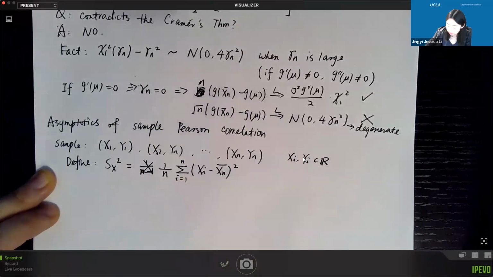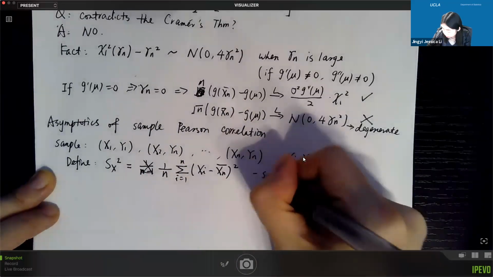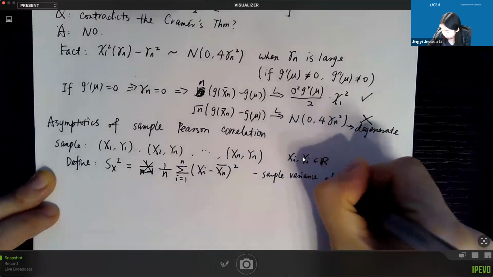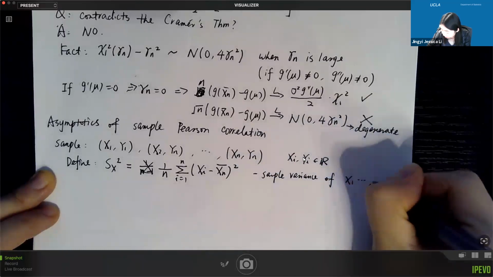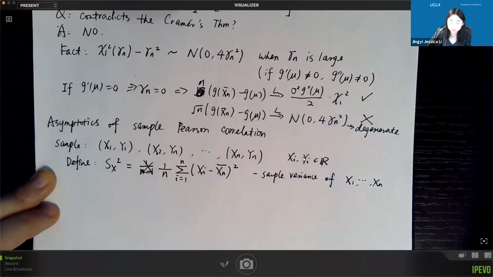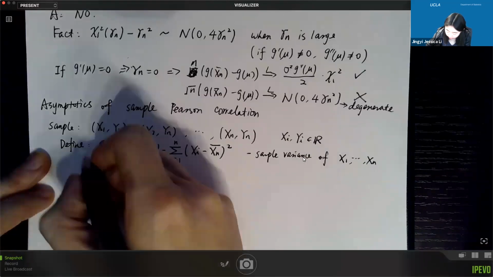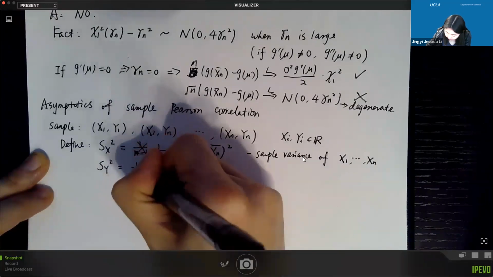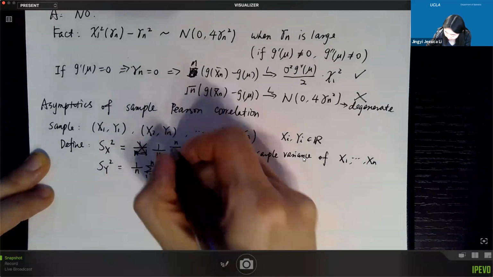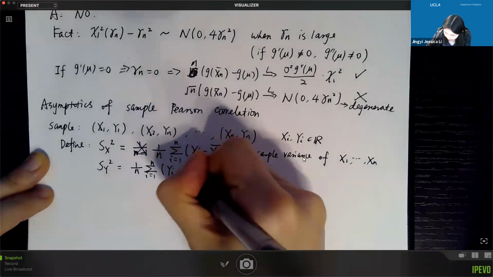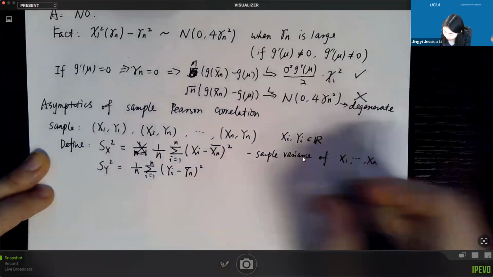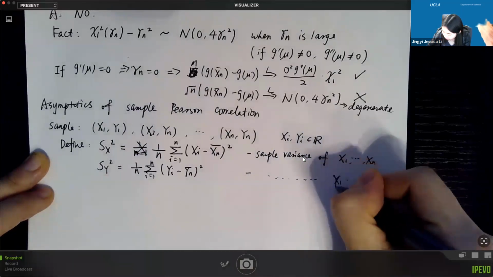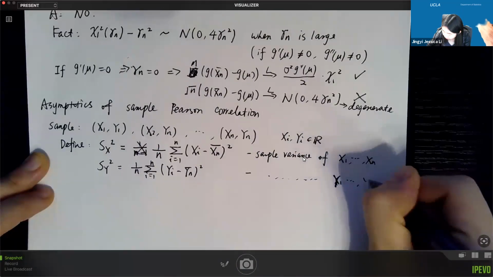This is the sample variance of x1 to xn. And similarly, we define Sy squared as 1 over n times the sum of yi minus yn bar squared. So this is the sample variance of y1 to yn.